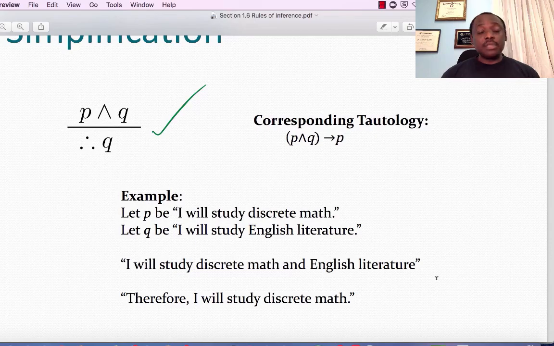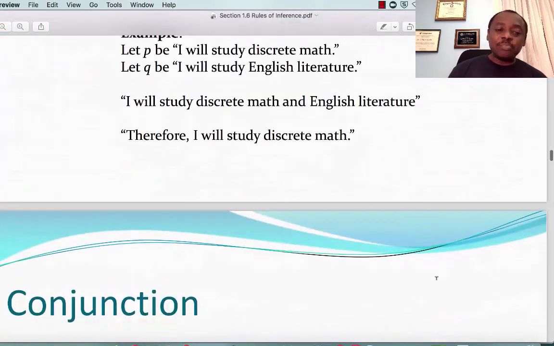He's going to study discrete math. You are correct. Another person says he's going to study English literature. You are correct. That's because I'm going to study math and English literature. So that rule is known as simplification.